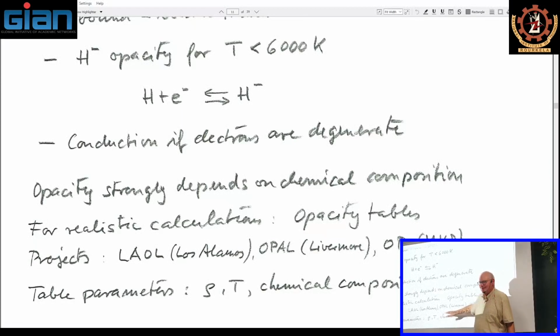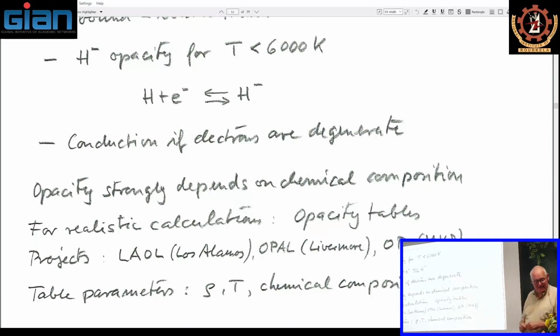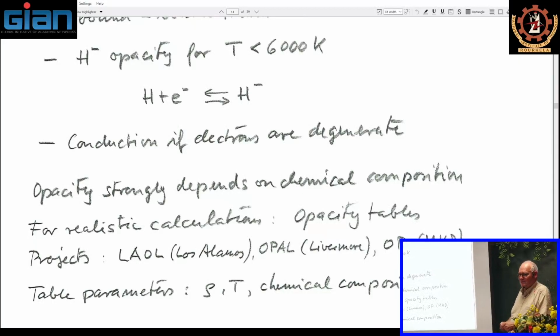The other ones are somehow connected to the military. Of course, you see this with the addresses, Los Alamos and Livermore. Actually, the first opacity data came from experiments with the atomic bombs.